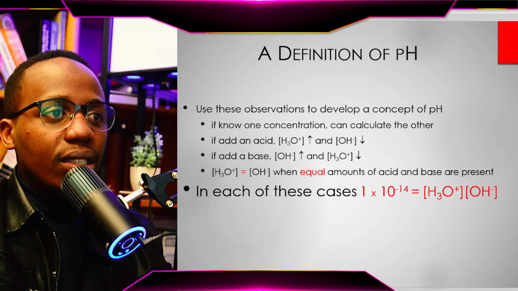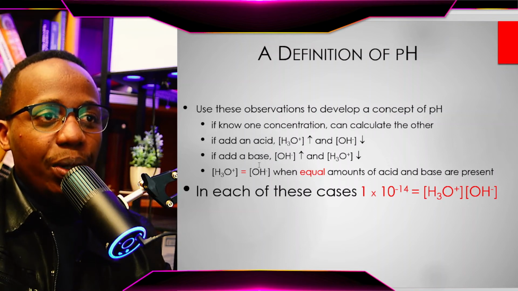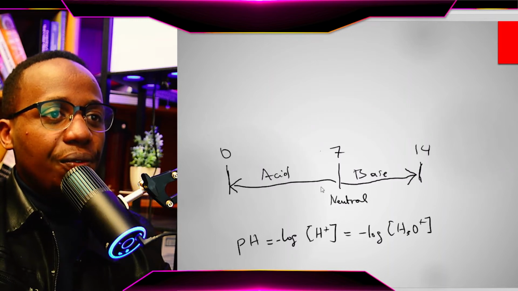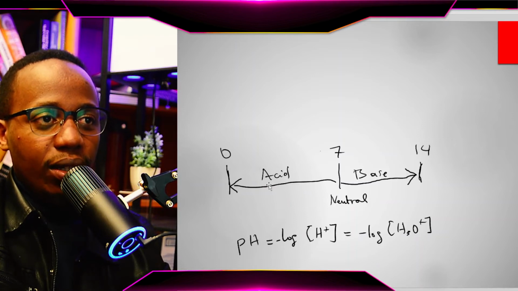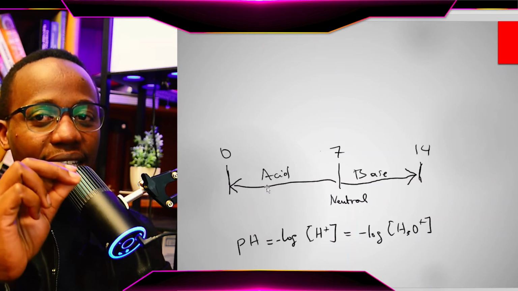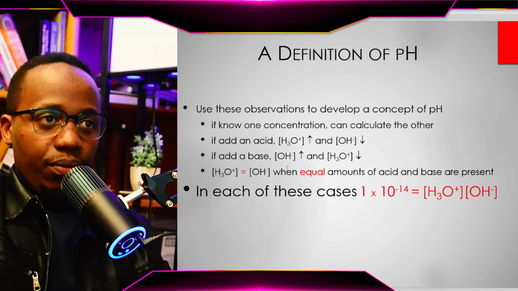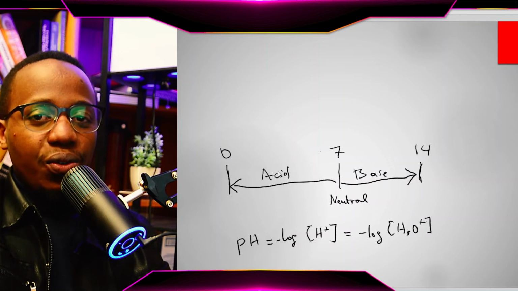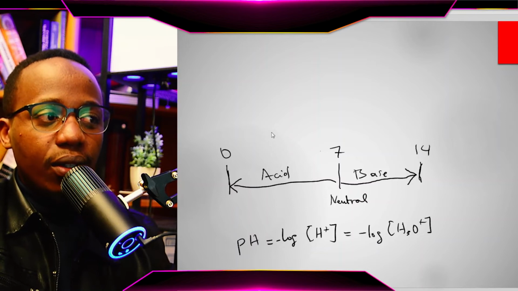Here, this is kind of to give you an idea of how pH changes, right? If the acidity increases as the pH decreases, it means that if you increase the H plus concentration, pH will go down, right?